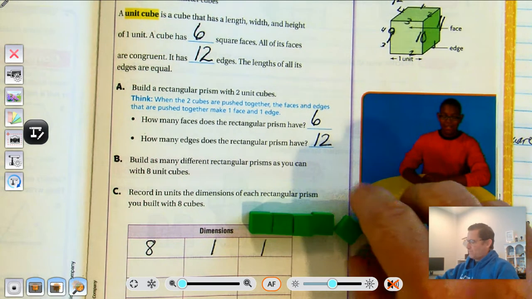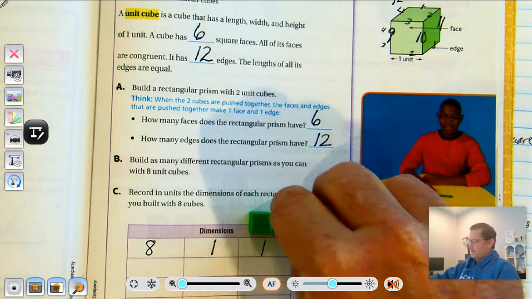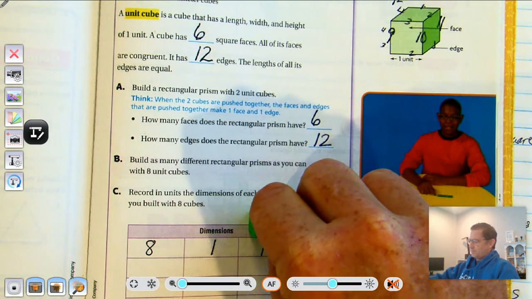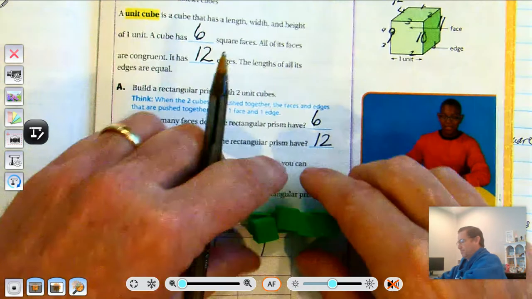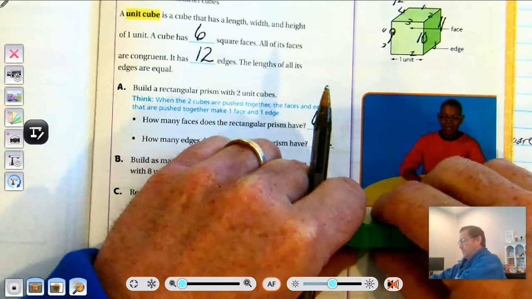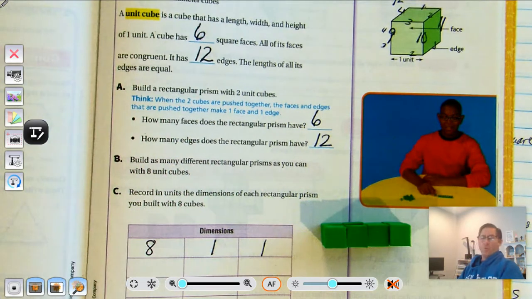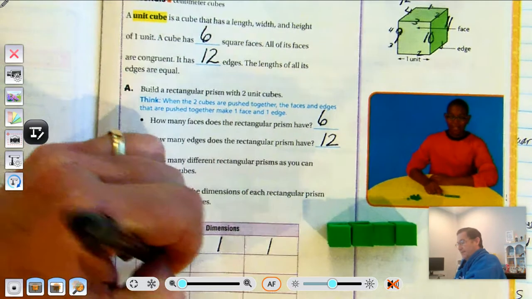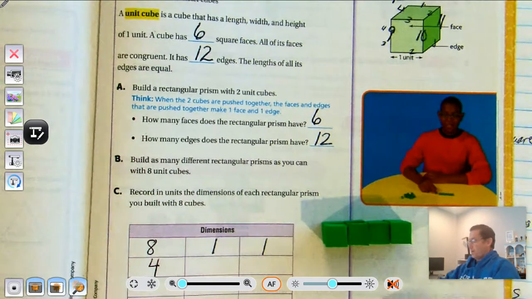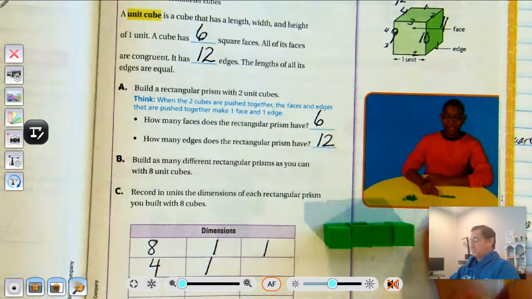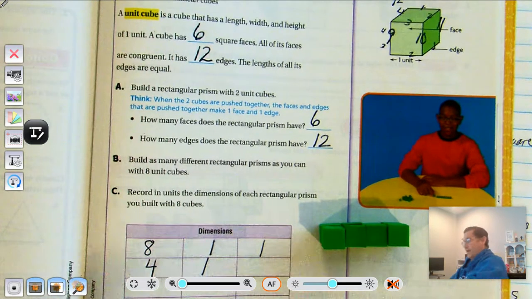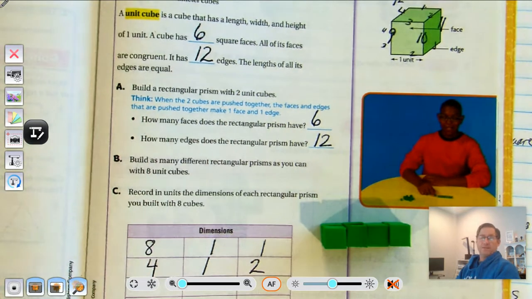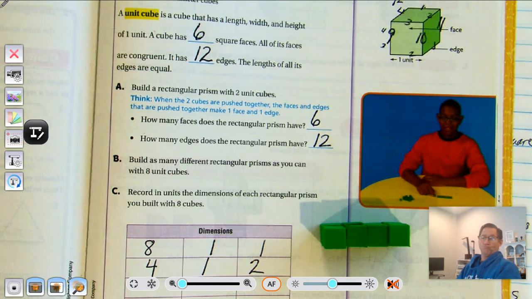Well, what if I did something like a length of 4, a width of 1, but a height of 2? What if I had 2 layers? Okay, that would work.